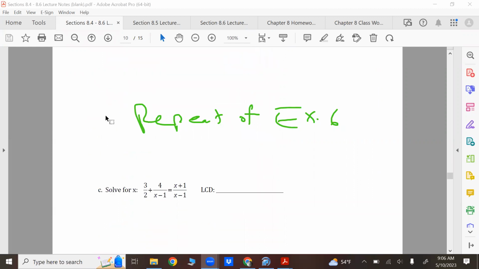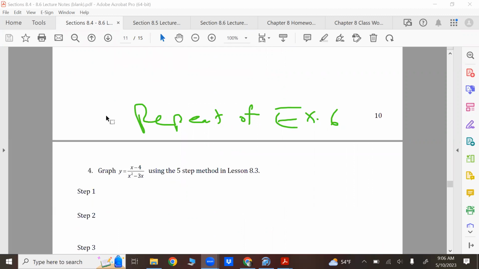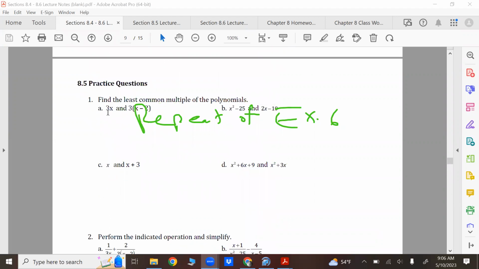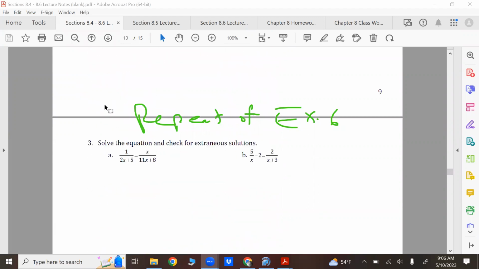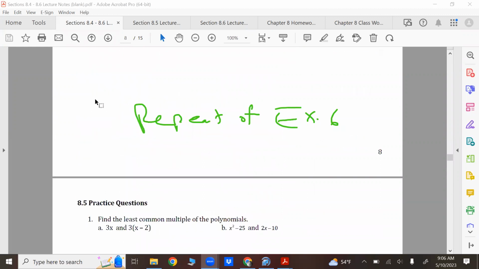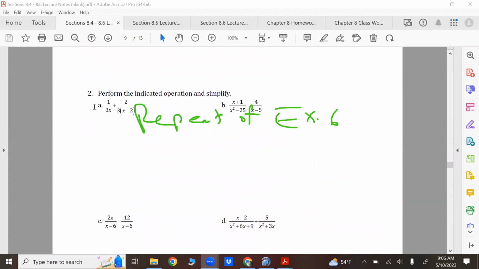Okay, guys, let's go to example 10. Actually, hold on a sec. Okay, so officially I'm done covering new content, because that was the last topic of how to solve an equation like that.